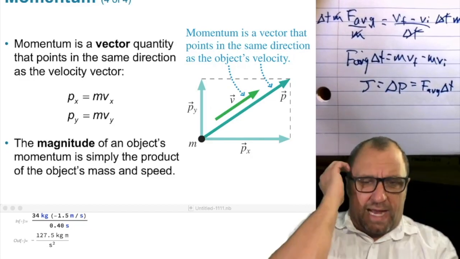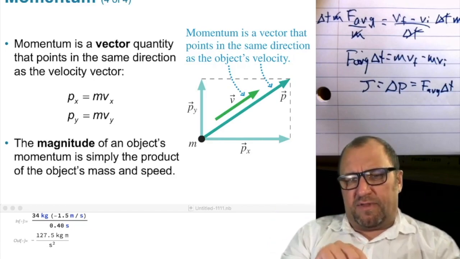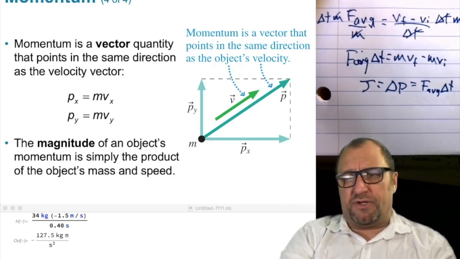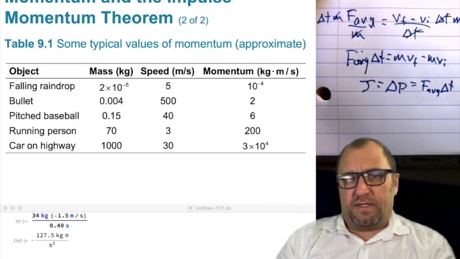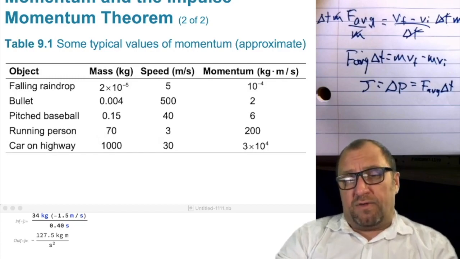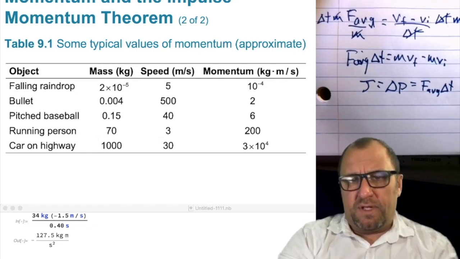Get rid of Z. We don't need it. So the magnitude of an object's momentum is simply the product of the object's mass and speed. That's the magnitude, but the direction is important. We're going to see that later. So some typical values of momentum: for a falling raindrop, the momentum is 10 to the minus 4, with a speed of 5 meters per second.